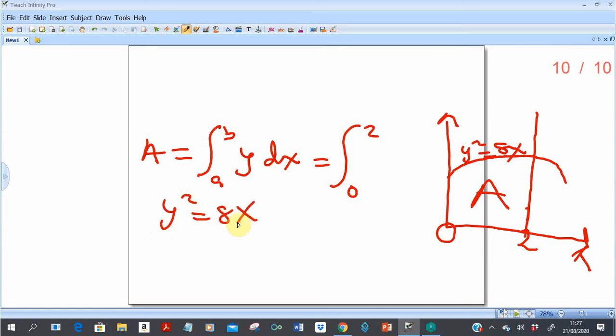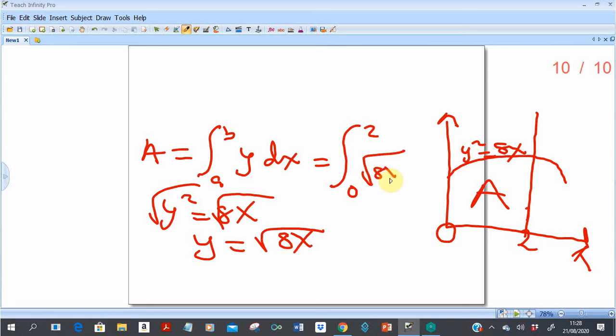We just want something like y is equal to. So what are we going to do? We square root both sides. We get y is equal to square root of 8x. So this is the function that we use. So we put the square root of 8x dx.